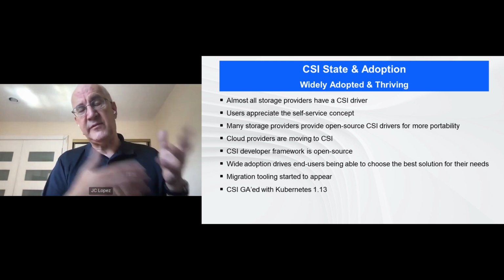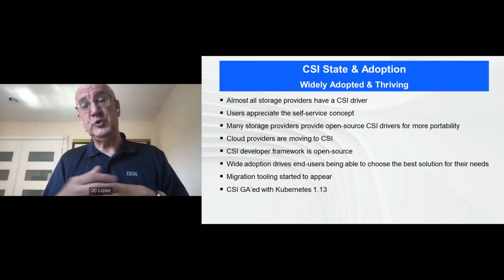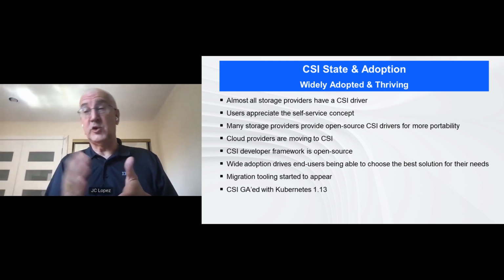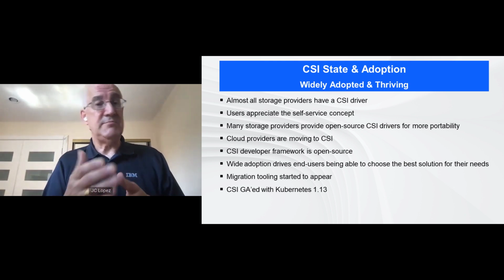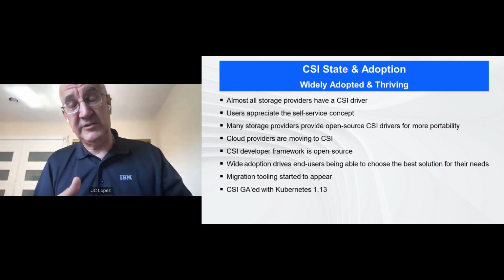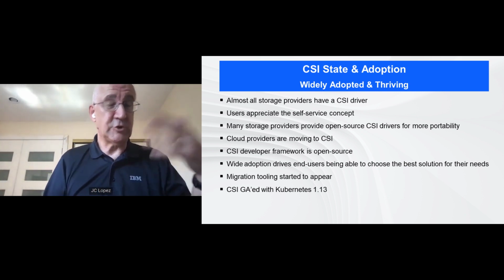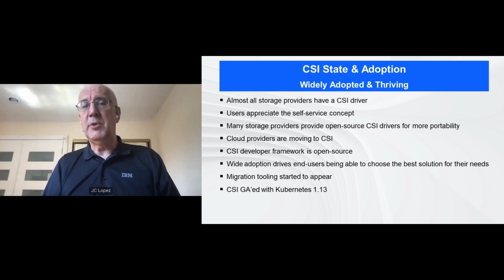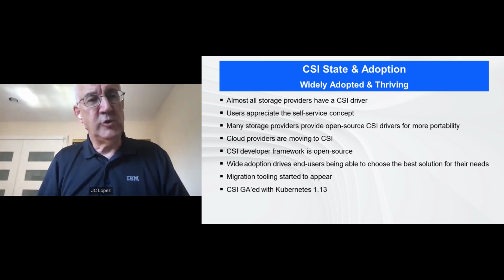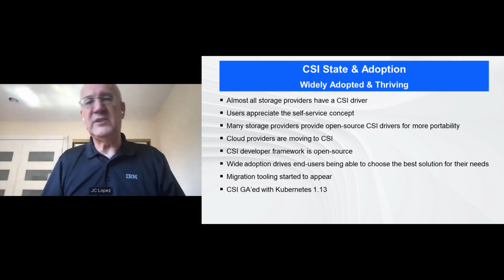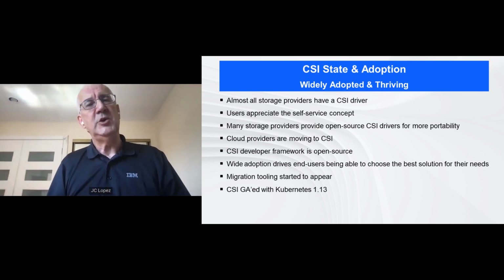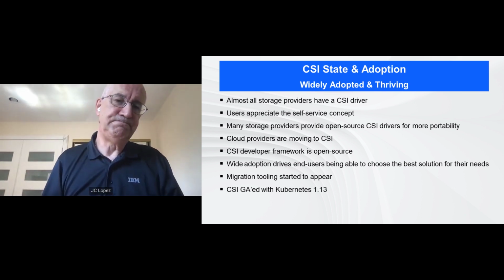If you put yourself in the shoes of a cloud provider, you want to isolate yourself from the Kubernetes source tree. So it makes more sense to have a CSI driver so that whatever the Kubernetes version, sure enough, you have to validate your driver, but your driver itself is no longer in that Kubernetes tree, so that when you upgrade the Kubernetes version, your CSI driver remains the same. You have better control for support of what you do and what you provide your end users with.